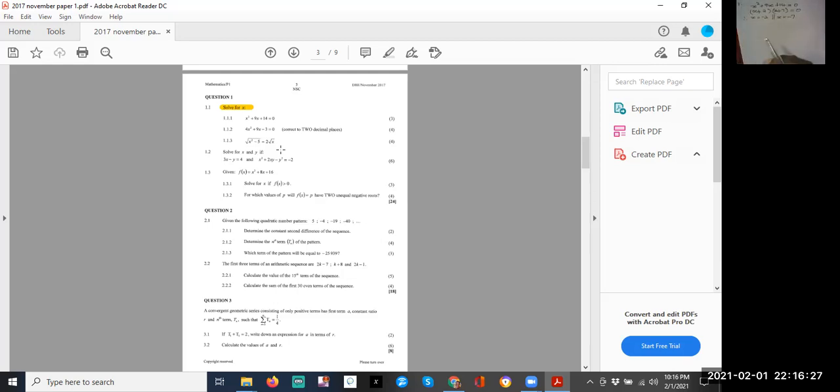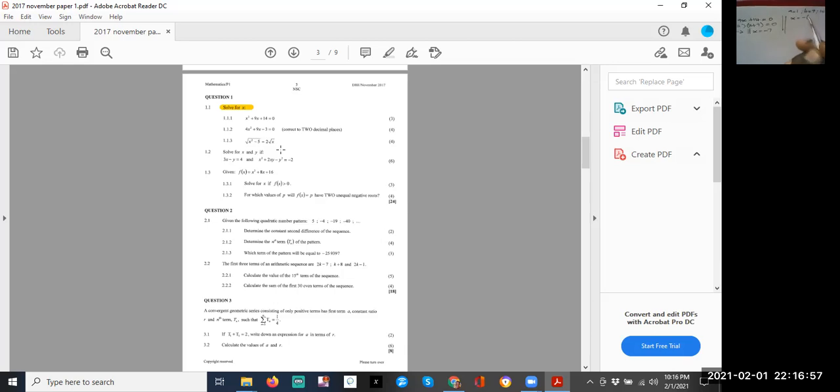Otherwise, if you don't know how to factorize, you do this. x equals minus b plus or minus the square root of b squared minus 4ac, all over 2a. The first thing is to write your a, b and c. My a is equal to 1, your b equals positive 9, and your c equals 14.